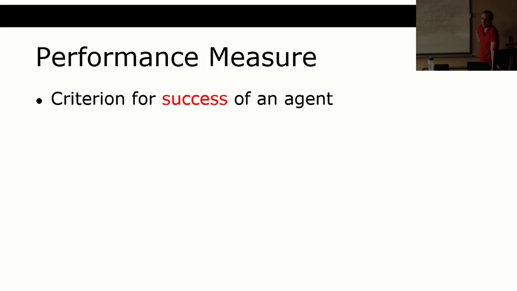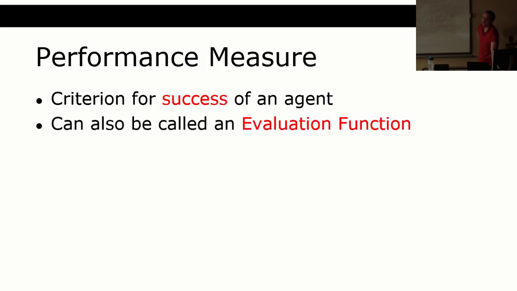So a successful agent is going to maximize this performance measure. Or depending on how you've defined it, like distance, you may want to minimize it. This is also called an evaluation function sometimes. So if we want to evaluate an agent and how it's doing, we apply this evaluation function. We try and maximize the return of that evaluation function.